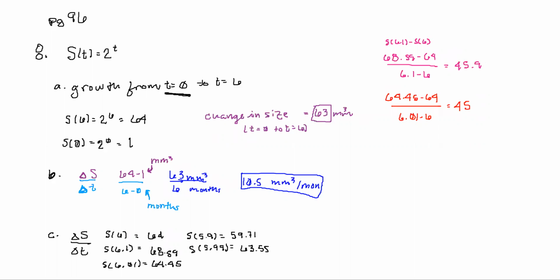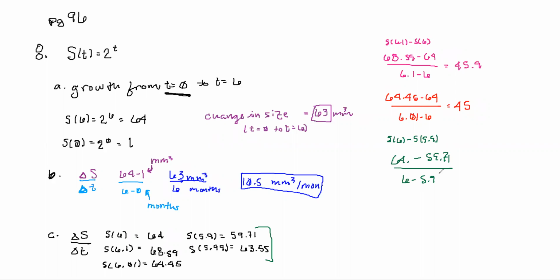Now I'm also going to take a look at these two. I'm going to do the exact same thing. So this is going to be S of 6 minus S of 5.9, and then again over 6 minus 5.9. So it'll be 64 minus 59.71, and then 6 minus 5.9.